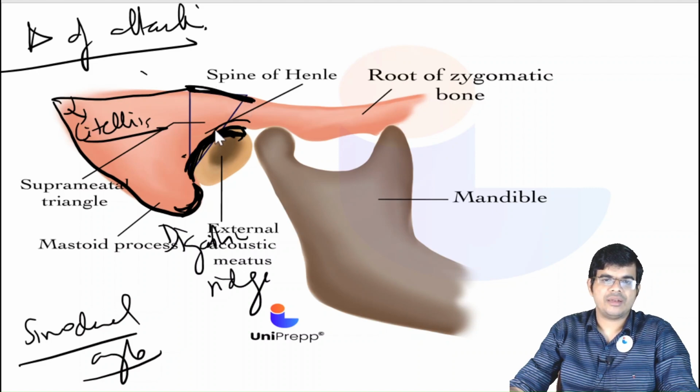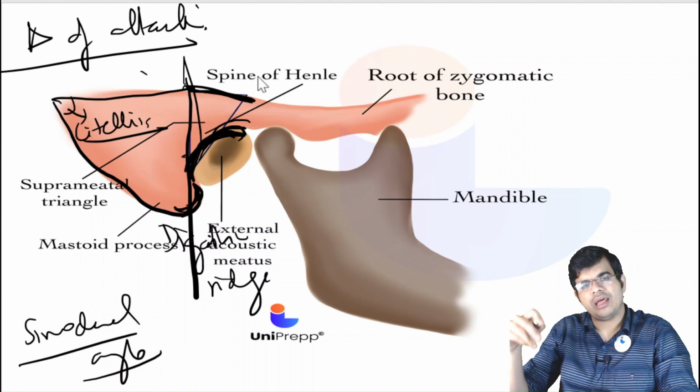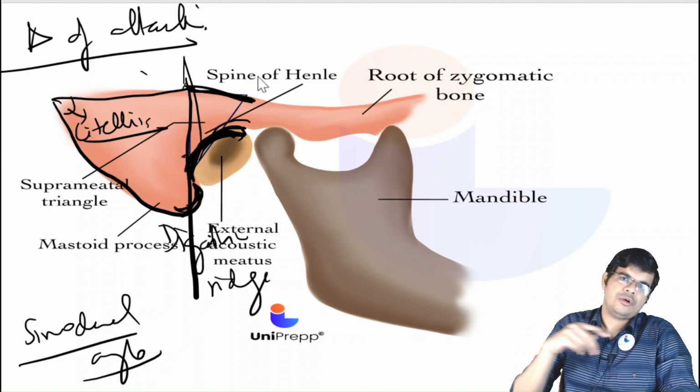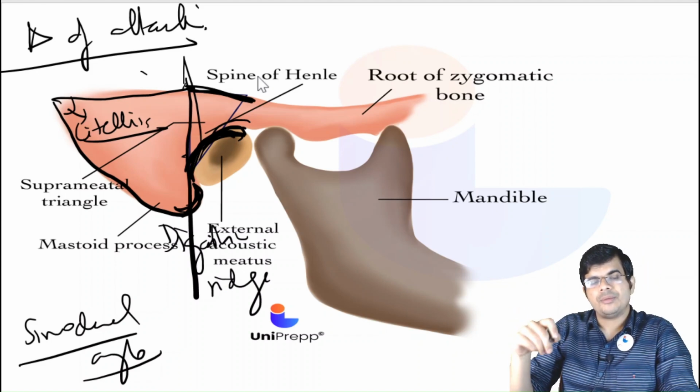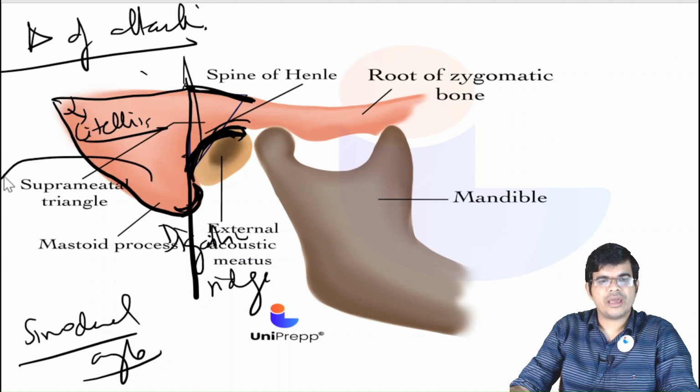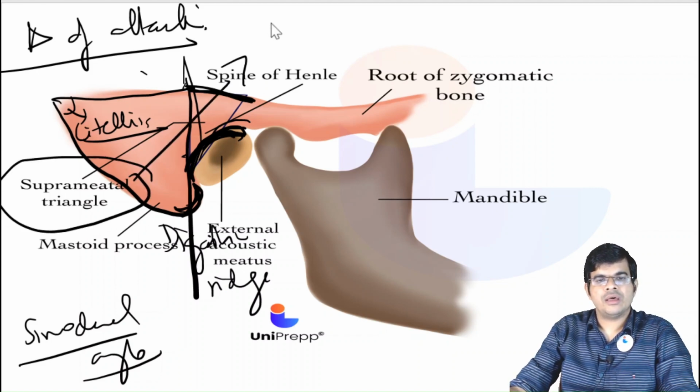Posteriorly you have the tangent drawn to the posterior superior external auditory canal, going to bisect the temporal line. So all these form the suprameatal triangle or the McEwen's triangle.